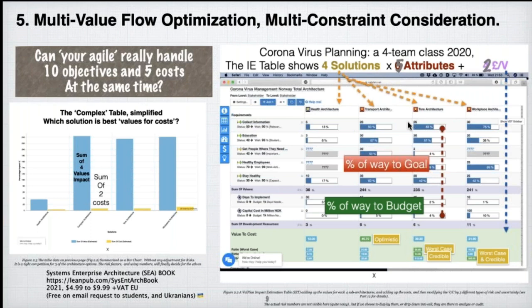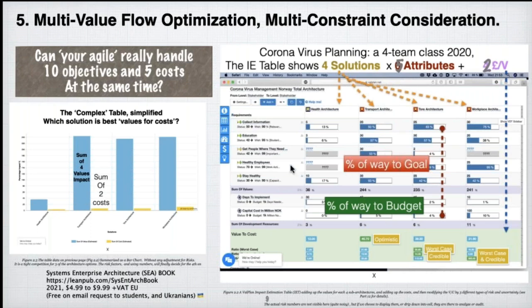It turns out the value to cost ratio of the transport architecture is marked in green here. It's simply been computed that it gives the highest efficiency, the highest value to cost. So this is maybe something we could deliver as an early sprint or set of sprints to get the most value at the lowest cost.